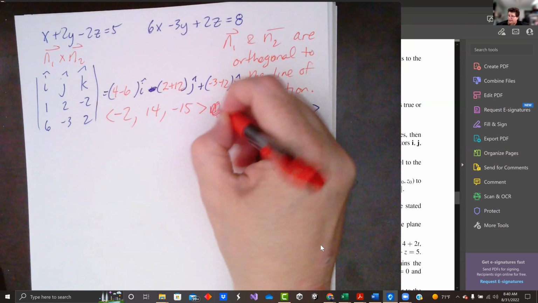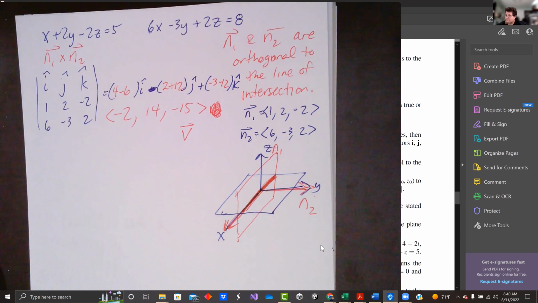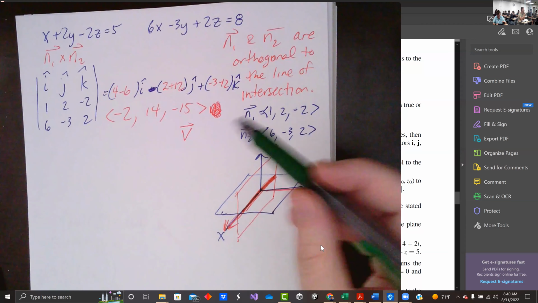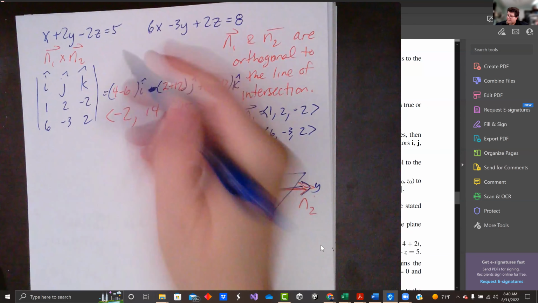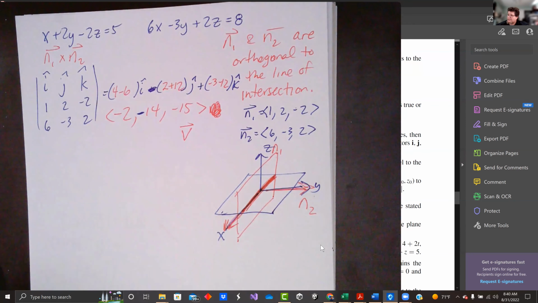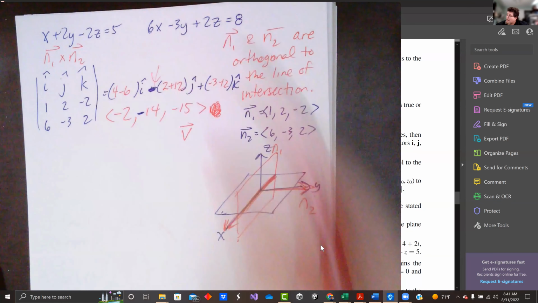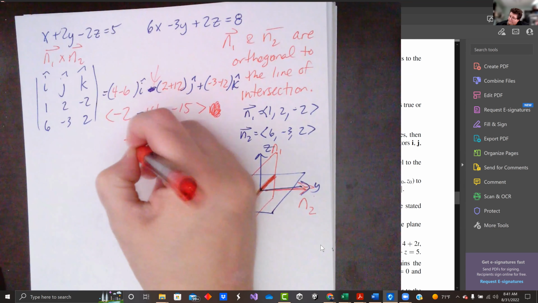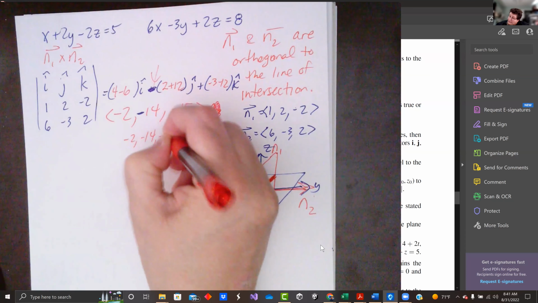Let's just call it B. Okay, it should be a negative. Oh, yeah, that should be -14, you're right. The negative is outside the J. I see it. I missed the sign right here. All right, so we've got our vector B, -2, -14, -15.